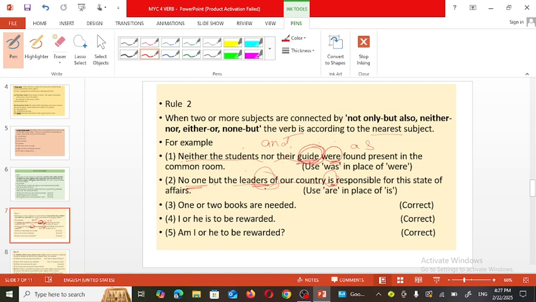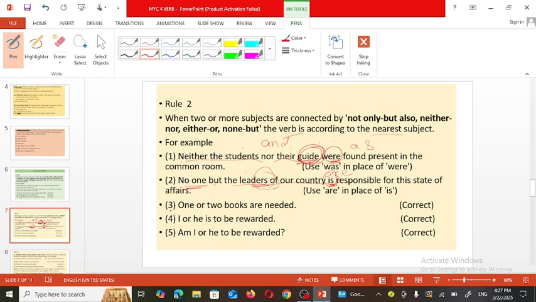Leaders is in a plural form, and according to it we must use are instead of is. So the error is in this part. The given sentence is: no one but the leaders of the country are responsible for the state of affairs.